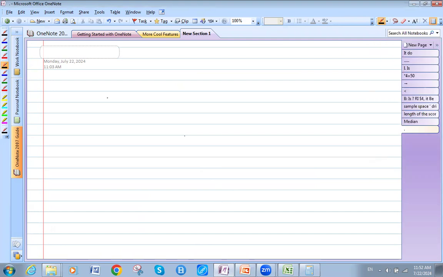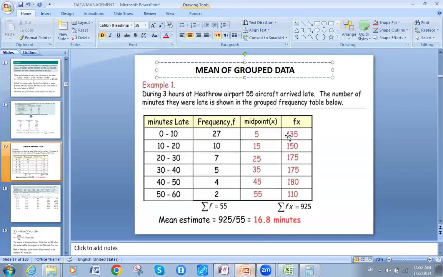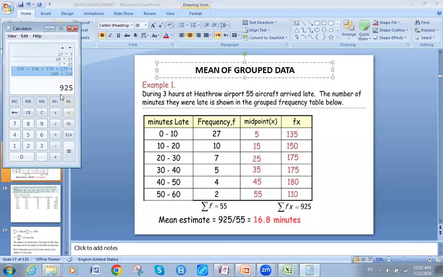So it will equal the sum of fx divided by the sum of f. The sum of fx here is 925, so I divide this 925 by 55.